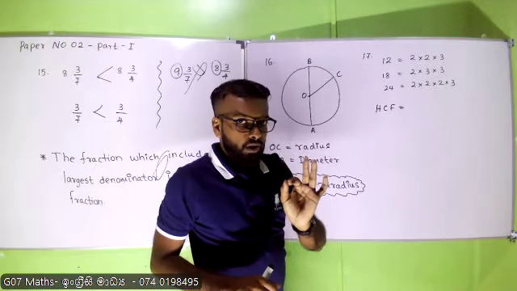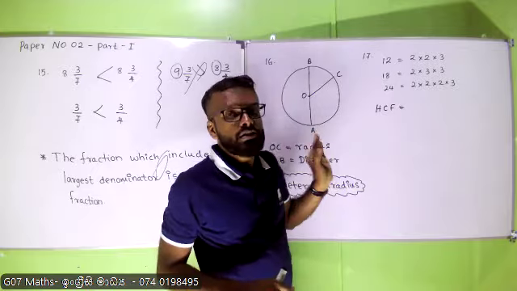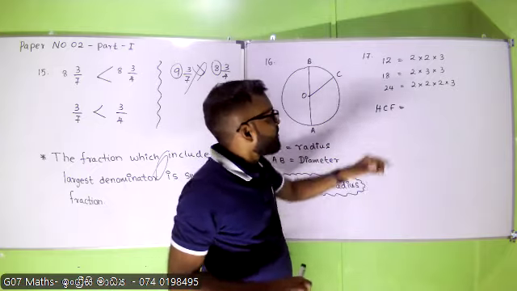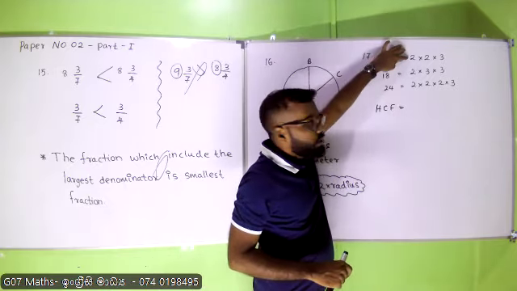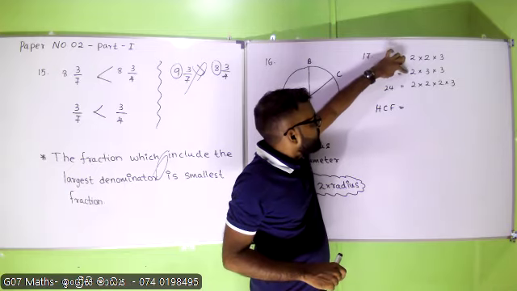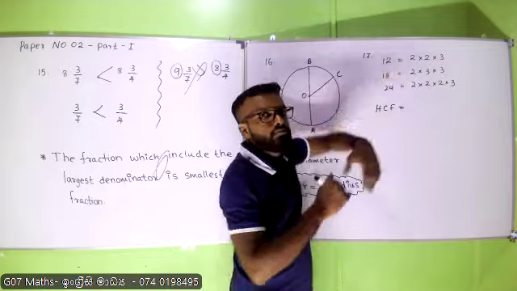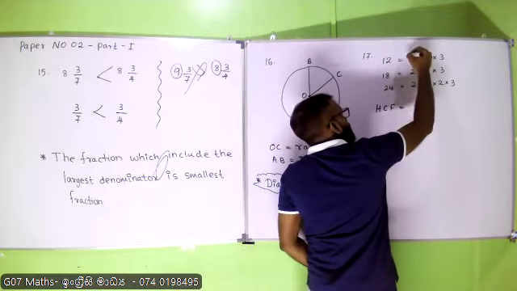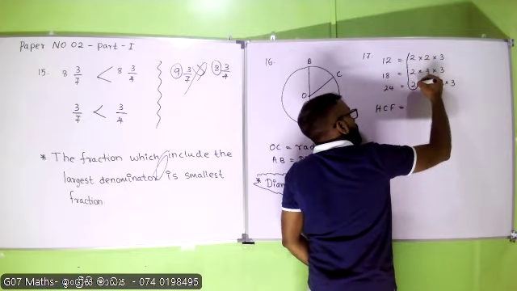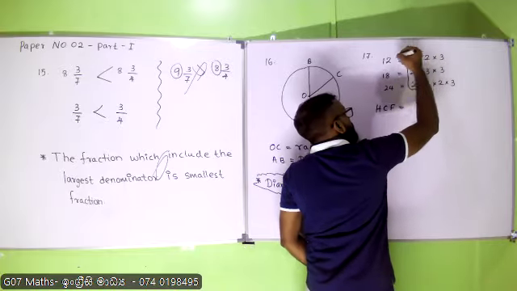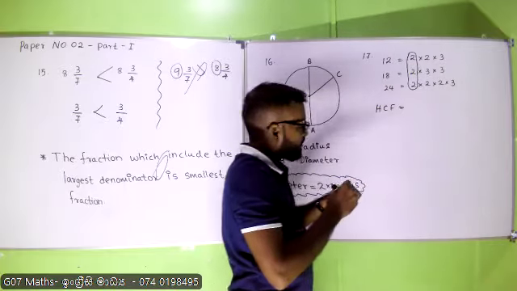Shall we find? This 2 is common and this 2 is common, and here this is one of the common terms for all of the three numbers.